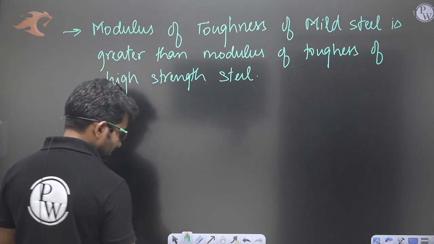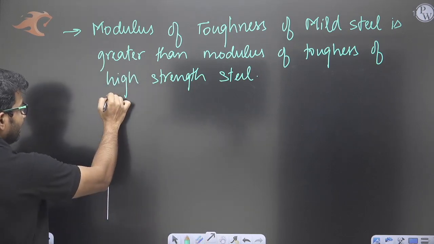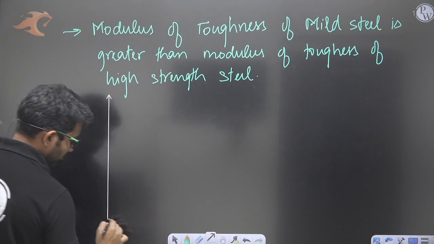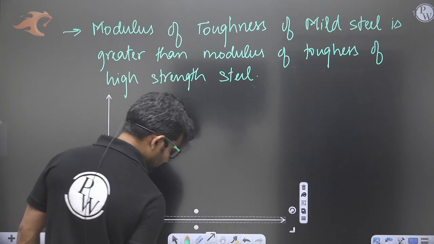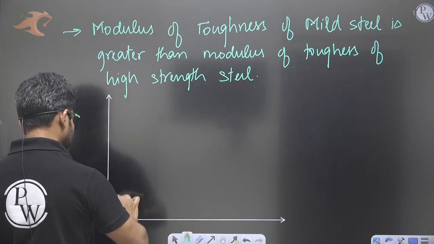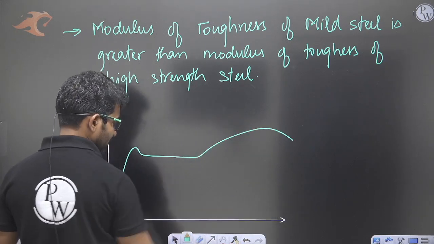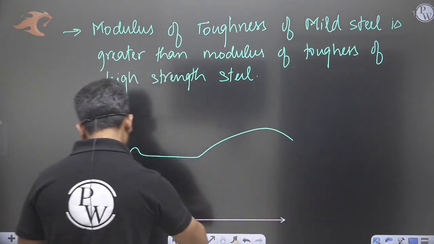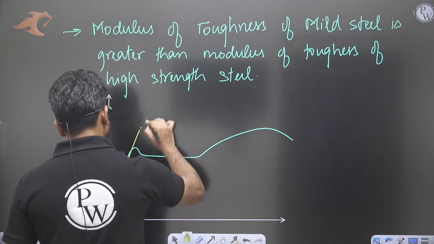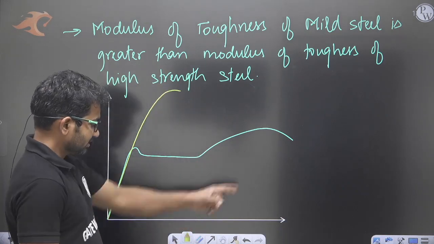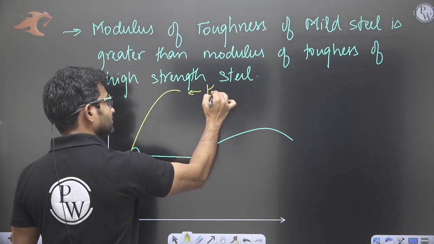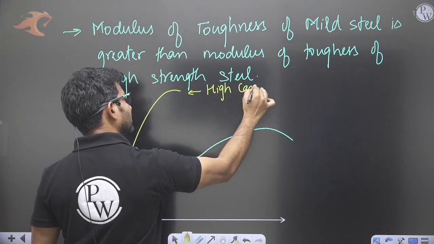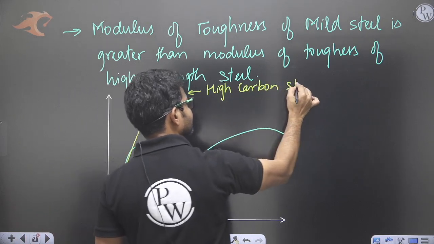We can verify it by the stress strain curve of mild steel and the stress strain curve of high strength steel. The stress strain curve of mild steel will be something like this, and that of high strength steel something like this. This is the stress strain curve of high strength steel, or high carbon steel, same thing.